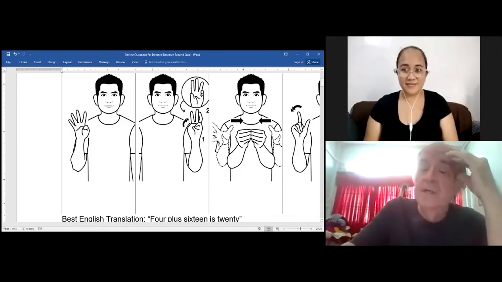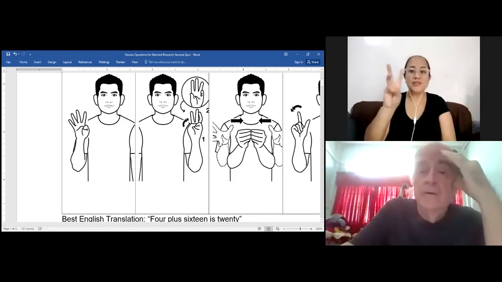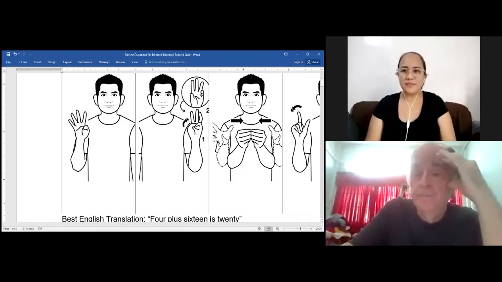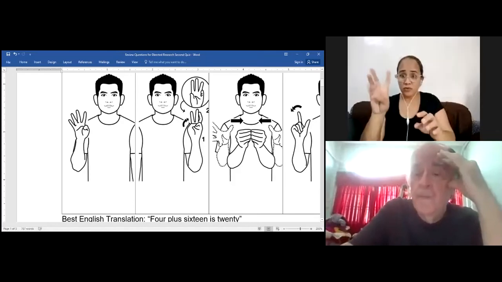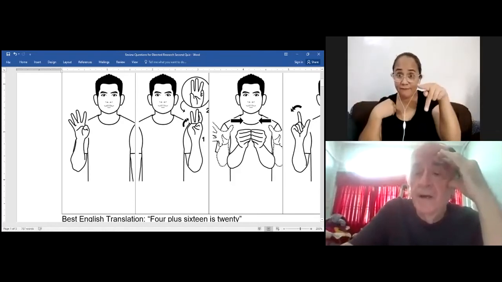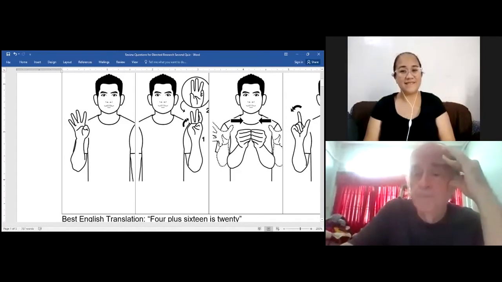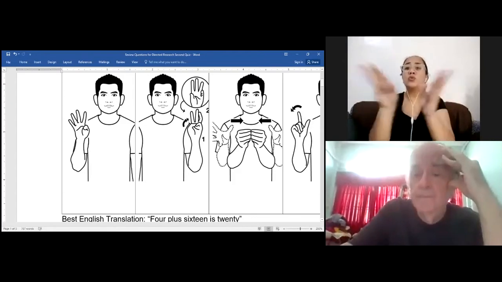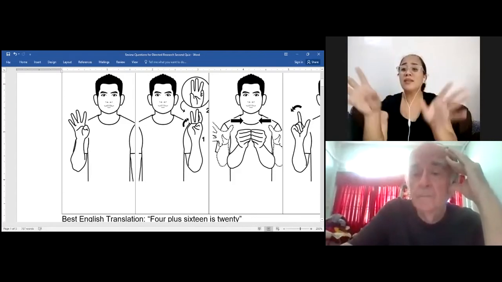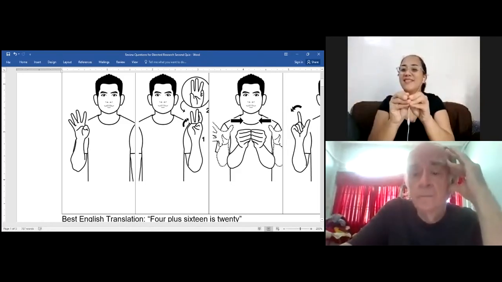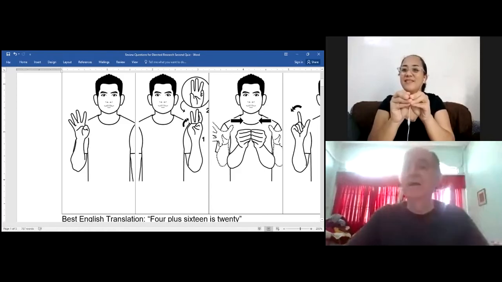Yes, 4, 16 together. Now, does that have a predicate in it? No, sir. What is together? It's a verb. Right, so it's a predicate.